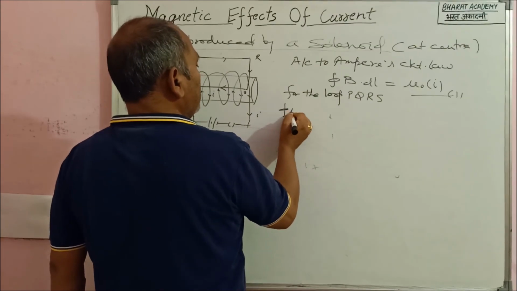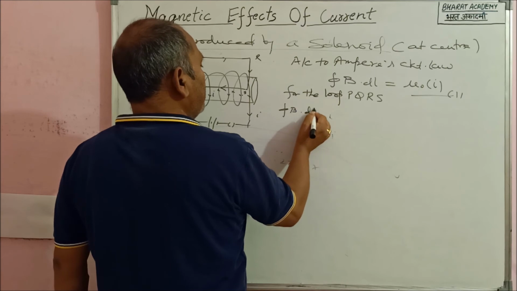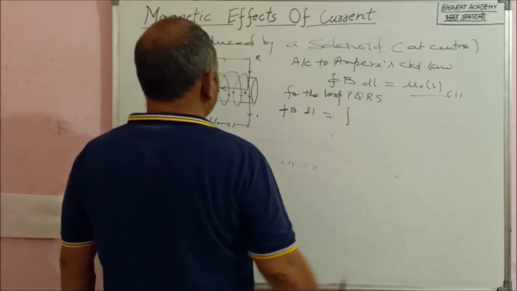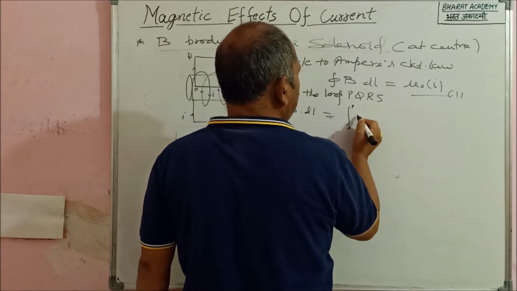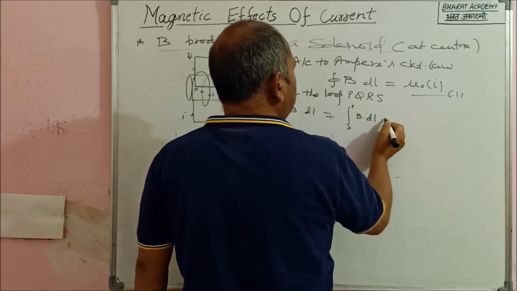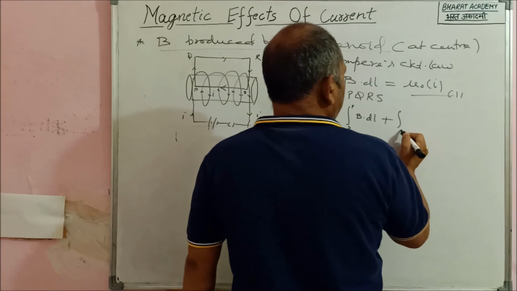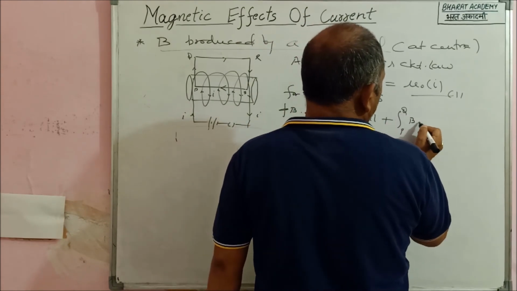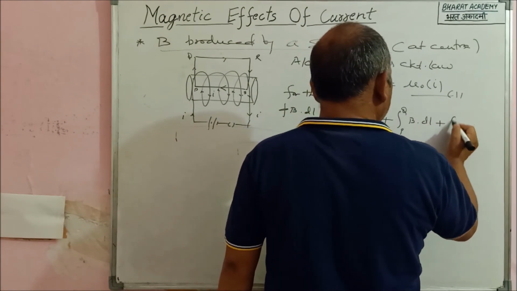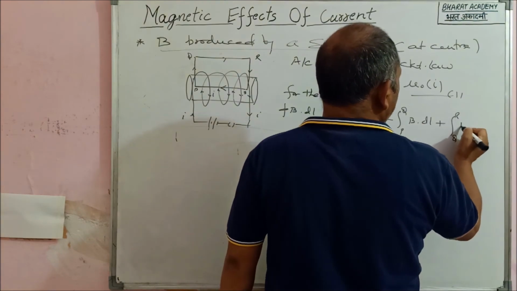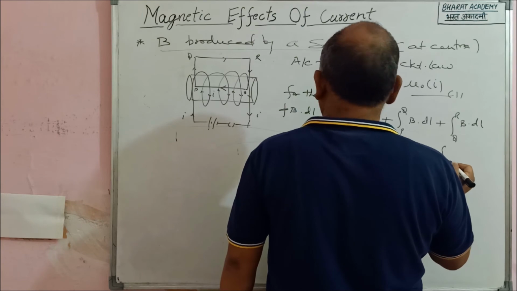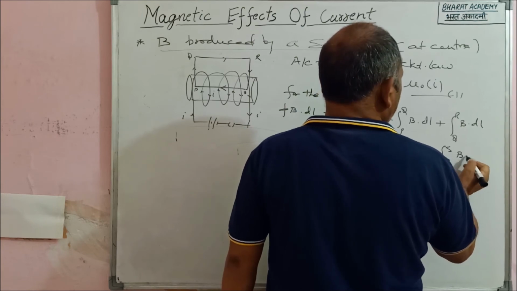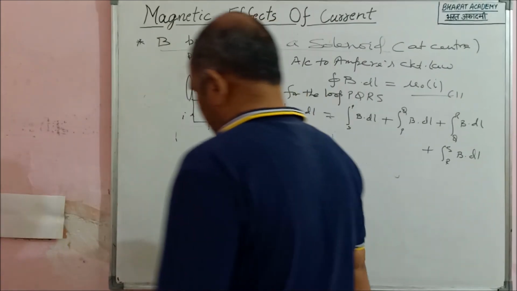This closed integral of B dot dl will be equal to the integral from S to P of B dot dl plus P to Q B dot dl plus Q to R B dot dl plus R to S B dot dl, right?